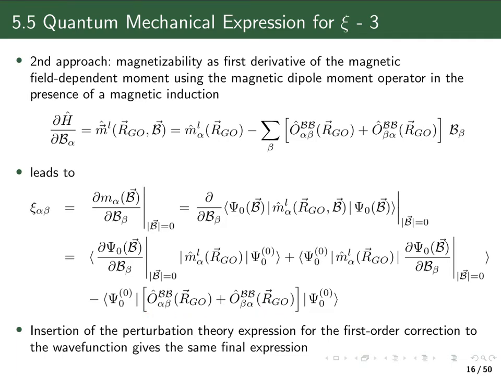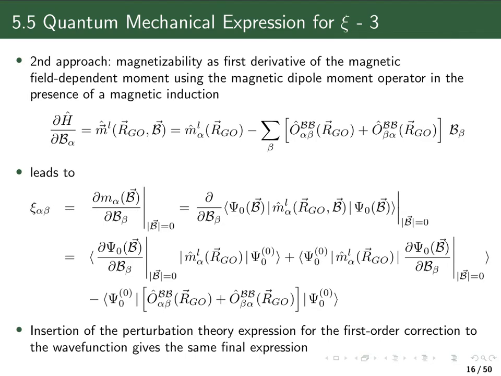Now we have several possibilities to deal with these derivatives of the field-dependent wave function with respect to components of the field. Later on, in the last part of the book, we will look at methods to get derivatives of wave functions. But here we will use two approaches.